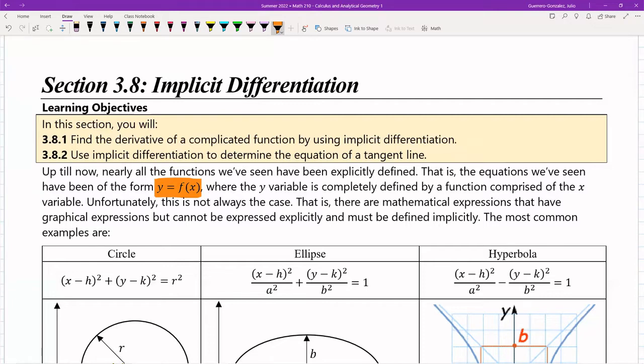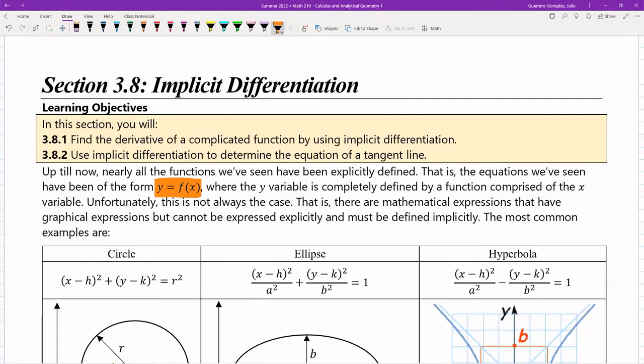Unfortunately, in math, this is not always the case. There are going to be times where, in order to define the y variable, you need the output from the y variable in order to do it. So it becomes a little circular. Those kinds of functions, where the definition of a variable depends on the variable itself, are called implicitly defined functions.